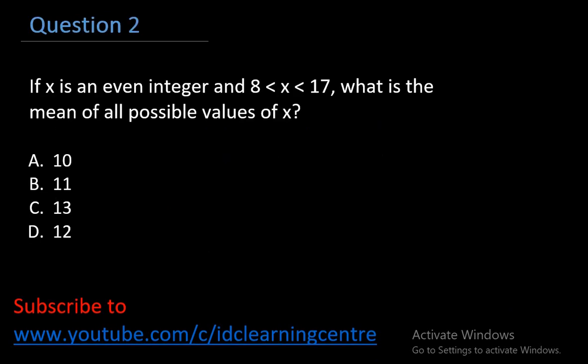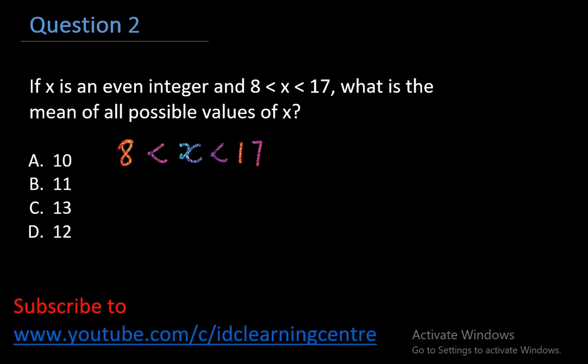So the next question says, if x is an even integer and x is greater than 8 and less than 17, what is the mean of all possible values of x? The first thing we need to do is to understand that x is greater than 8 but less than 17.